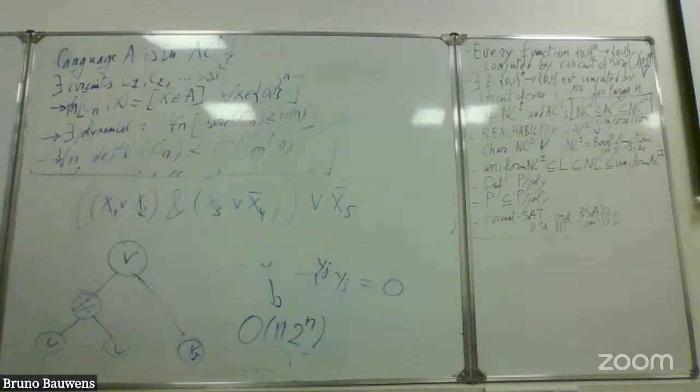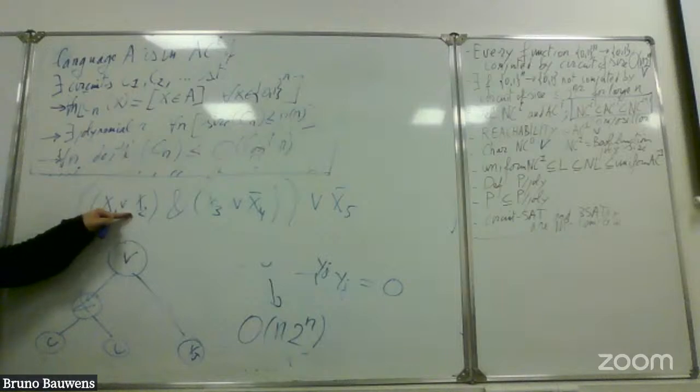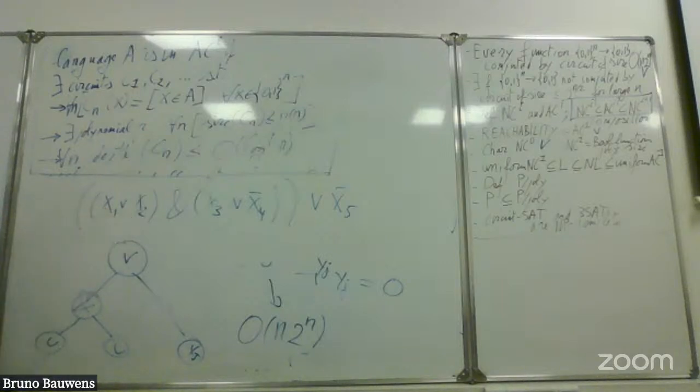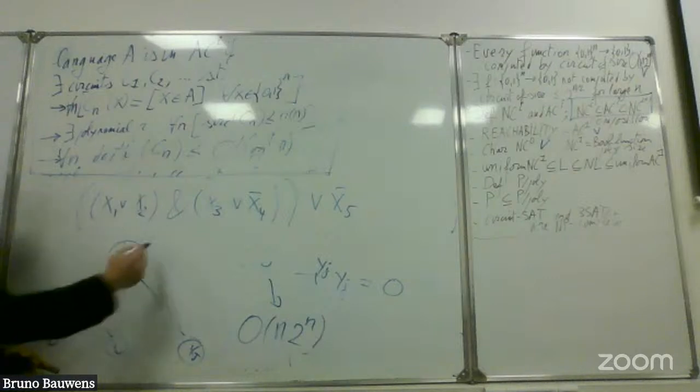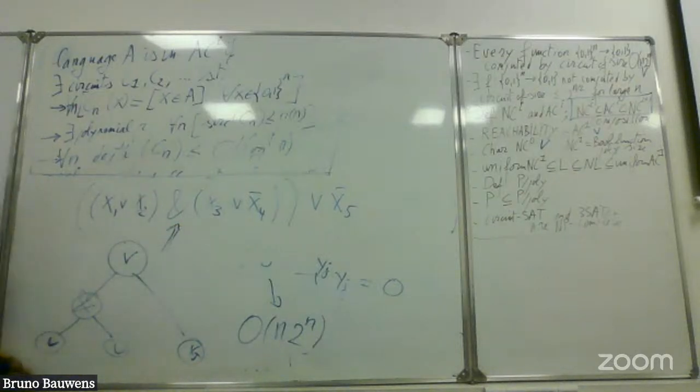If we have a circuit, can we transform it to a Boolean formula? What's the obstacle? If every gate has fan-out 1, we are done, right? We can just do the reverse transformation. But if fan-out is large, what will we do? We will copy the node and recompute every gate.